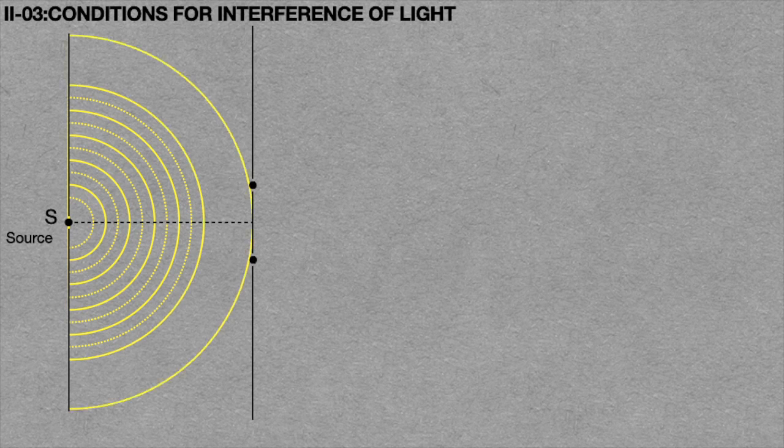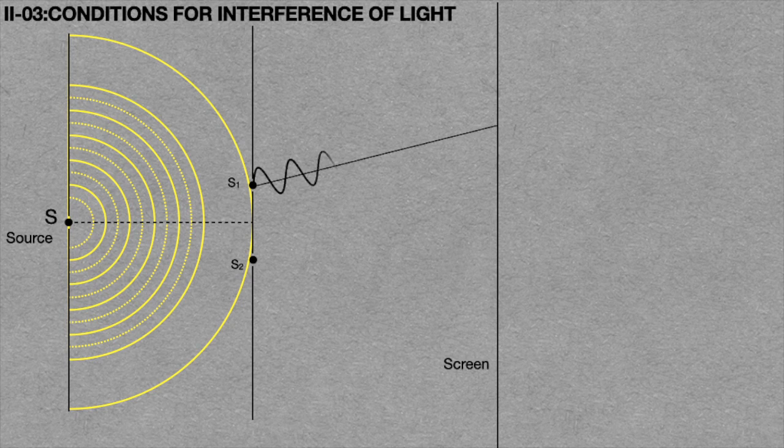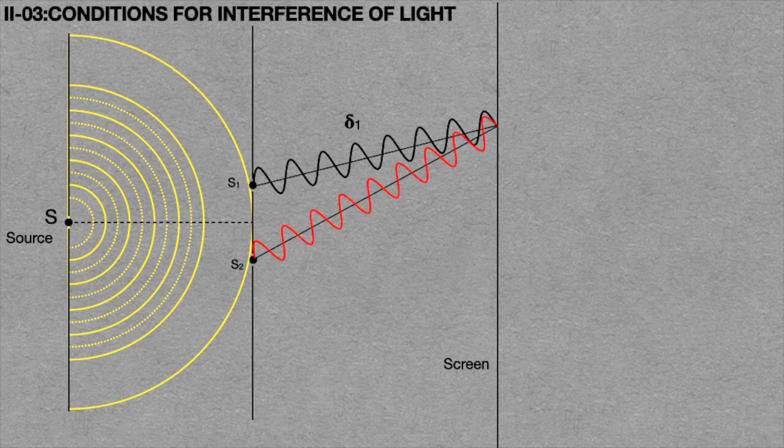We know that in this experiment the two sources S1 and S2 emerged from the main source S. For example, consider the light wave emerging from light source S1 as containing phase difference delta 1, and the light wave emerging from light source S2 as containing phase difference delta 2.